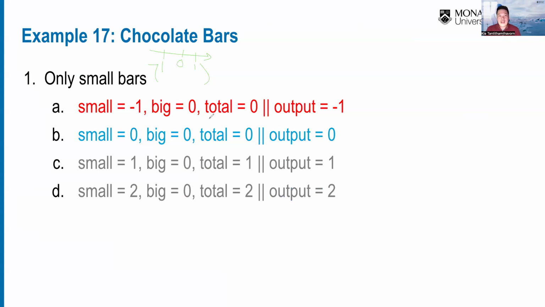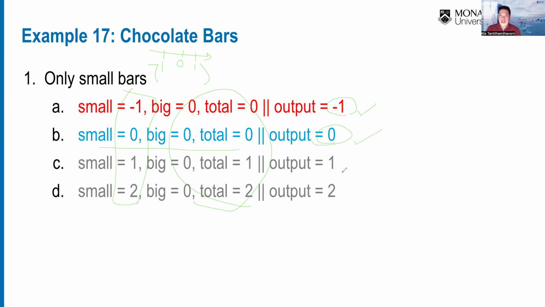Let's keep everything fixed and only vary this one. Small -1 means an invalid input, so it should return -1. Makes sense. Next one, don't use the small bar at all, so that means we have nothing.